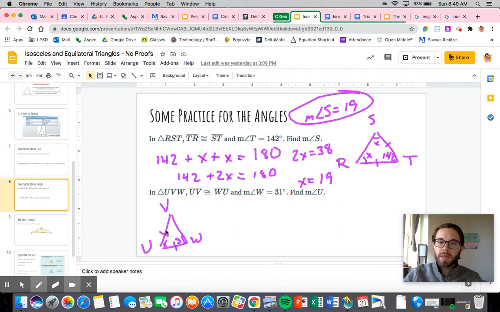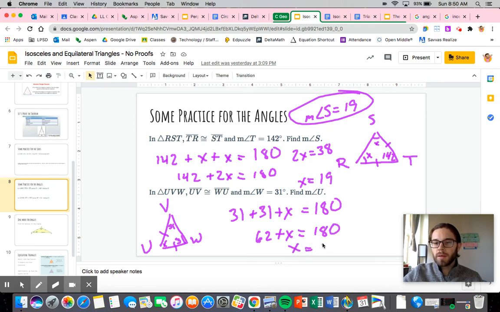Well, what do we know? Since these two sides are congruent, these two angles are congruent. So if that one's 31, this one's 31, right? So 31 plus 31 plus x equals 180. So 62 plus x equals 180. x is going to be 118.